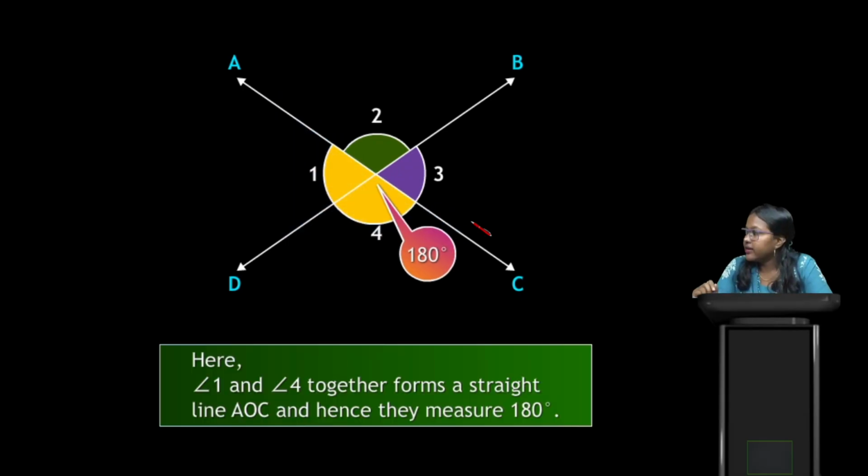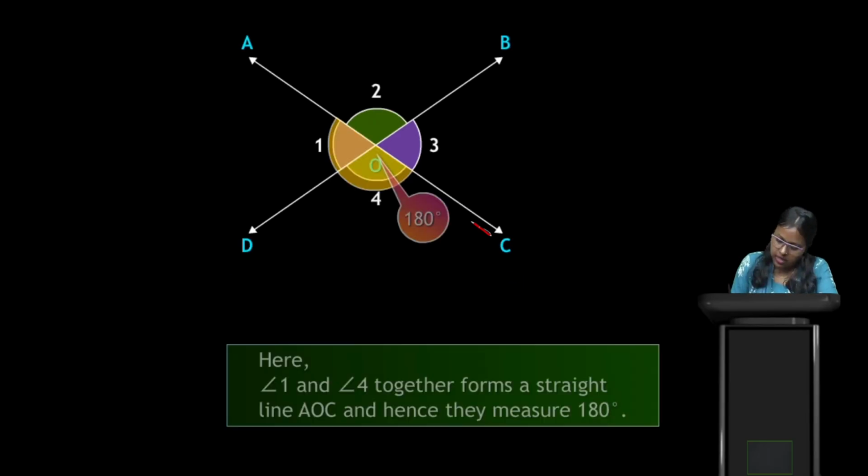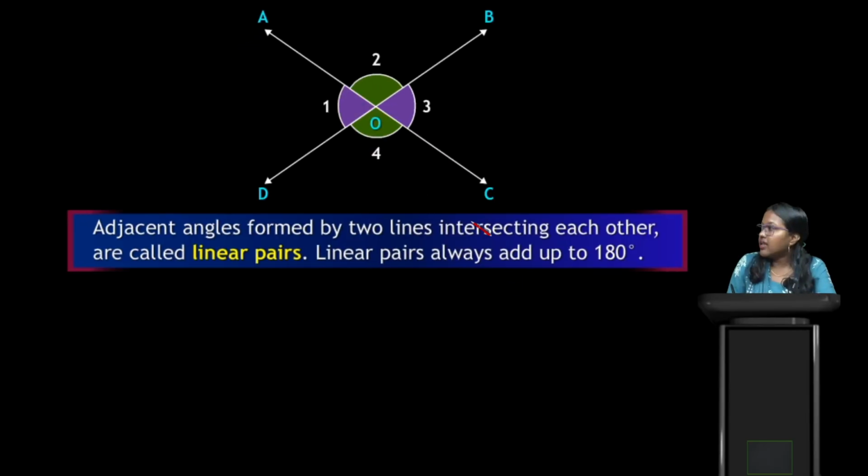That means angle 1 and angle 4 together form a straight line AOC and hence they measure 180 degree. Adjacent angles formed by two intersecting lines are called linear pair. Linear pair always add up to 180 degrees. So from here we got to know a new concept, which is called linear pair.